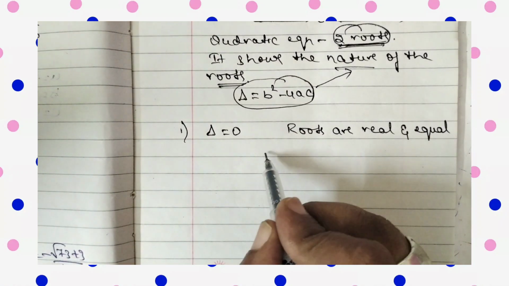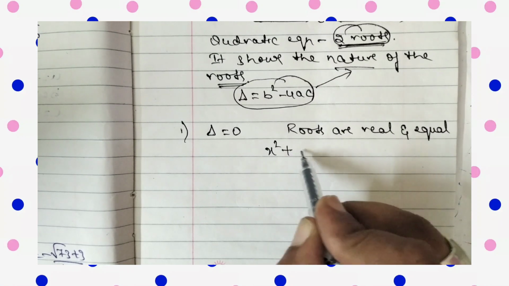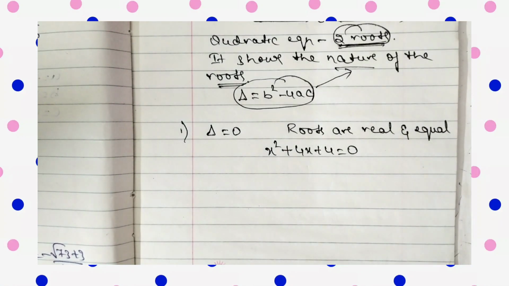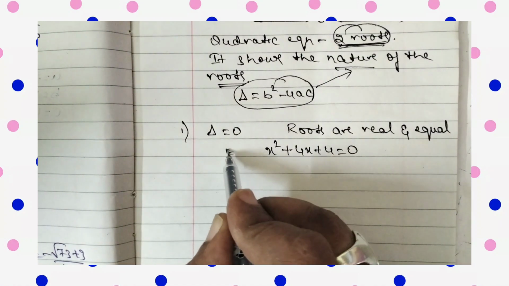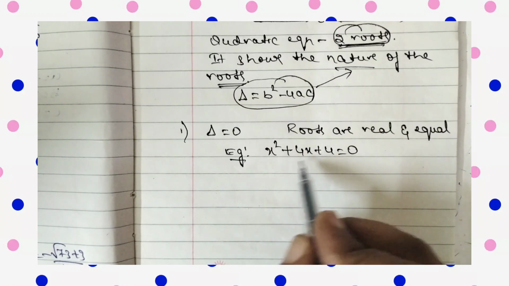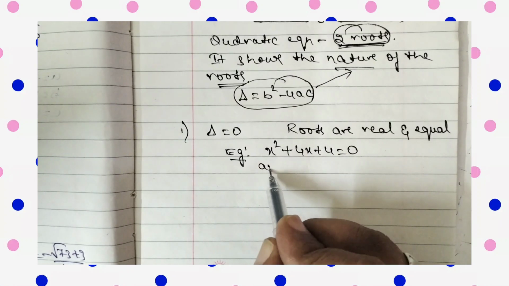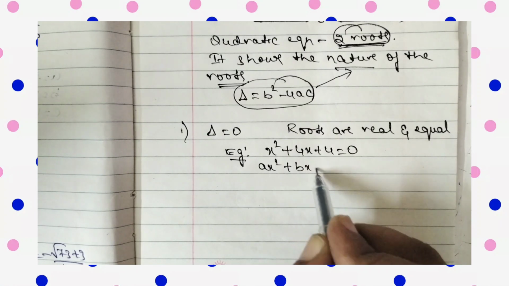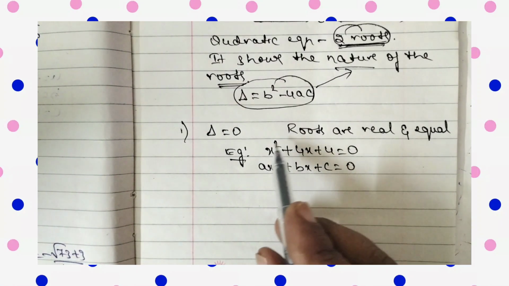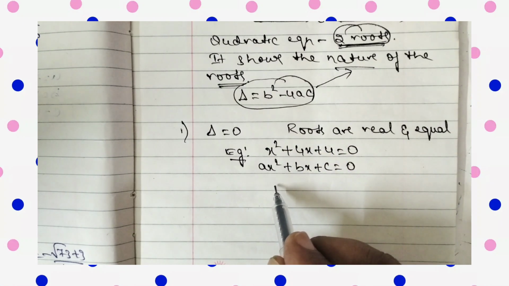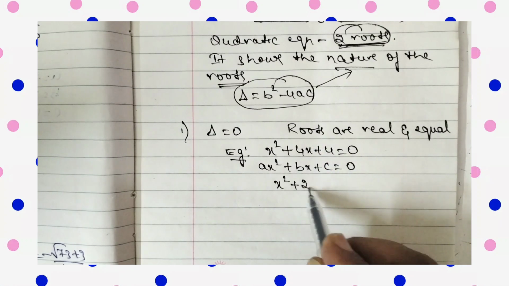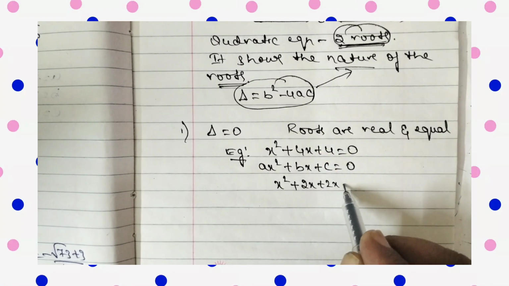For example, I will take one quadratic equation, x square plus 4x plus 4 is equal to 0. This is an example to show that the roots are real and equal. Compare to the standard form, ax square plus bx plus c is equal to 0. If I factorize this, x square plus 4x can be written as x square plus 2x plus 2x plus 4.